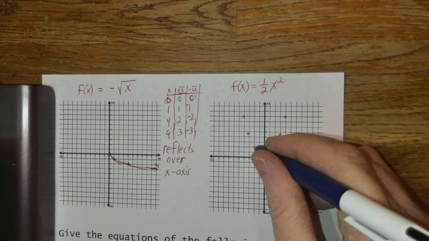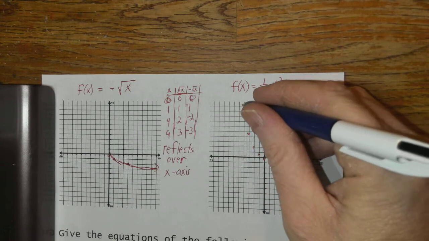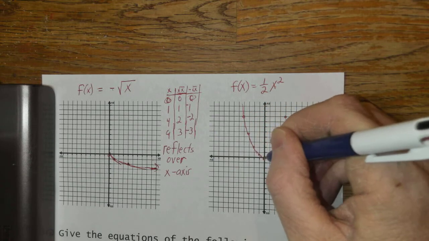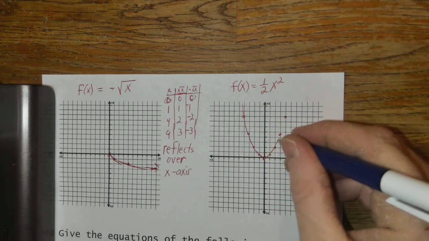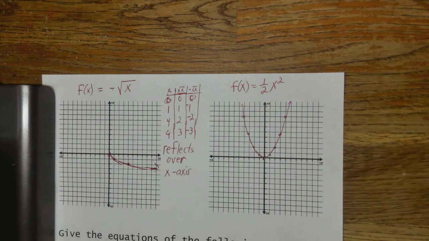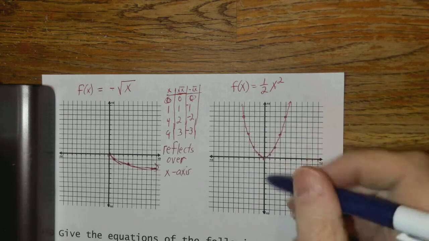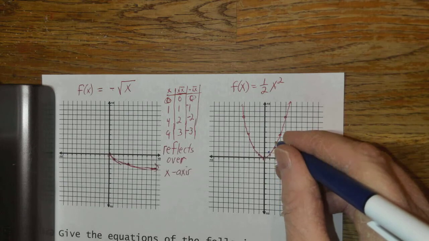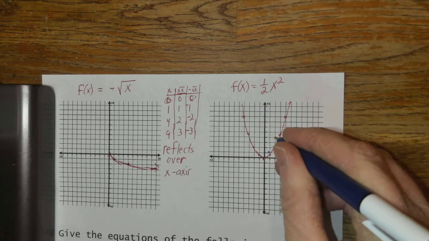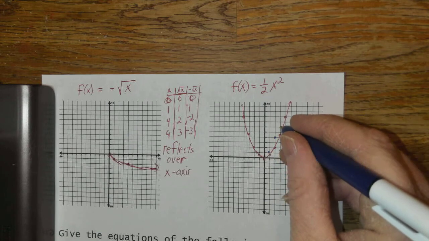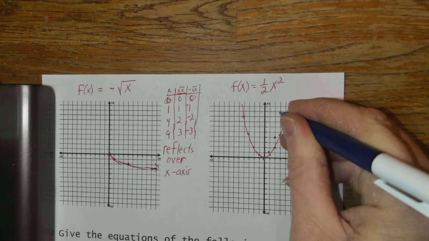Go over to here. So in the red, I've got f of x equals 1/2 x squared. Now, I'm going to just draw in blue here. And we had the 1, 1, the 2, 4, the 3, 9. It's right here.